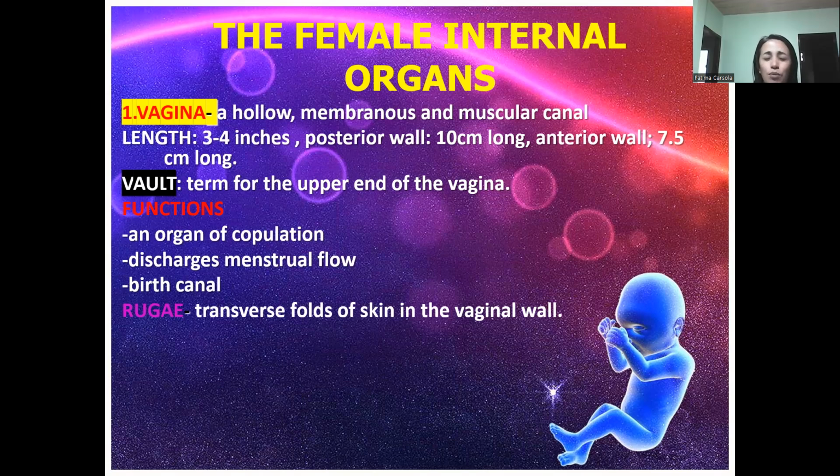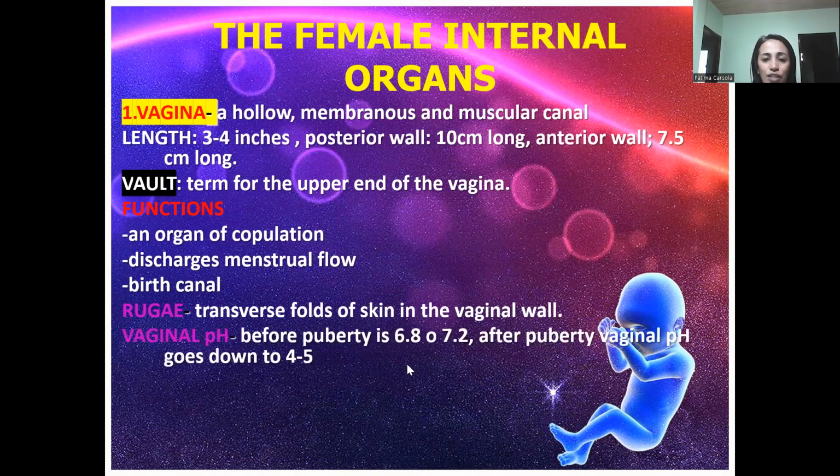But once the woman delivers via normal spontaneous delivery, and the baby comes out with the size of this, the vaginal rugae will expand, and it will never be the same again. So the more times that you deliver, the more the rugae of your vaginal wall will expand.